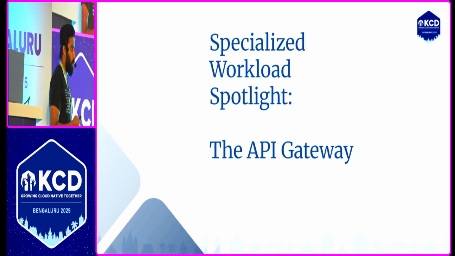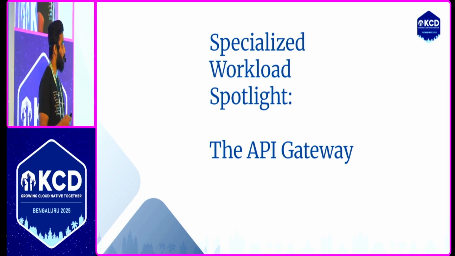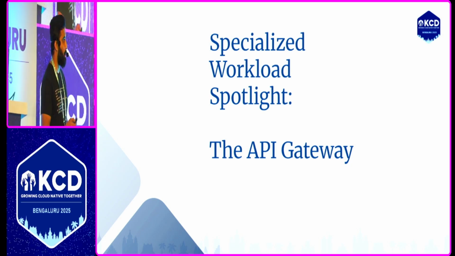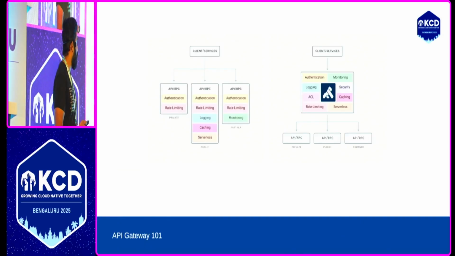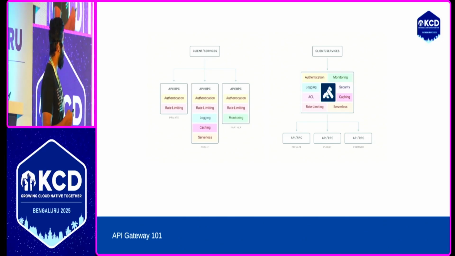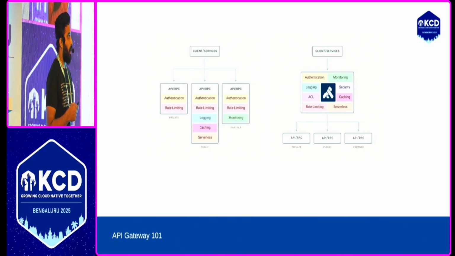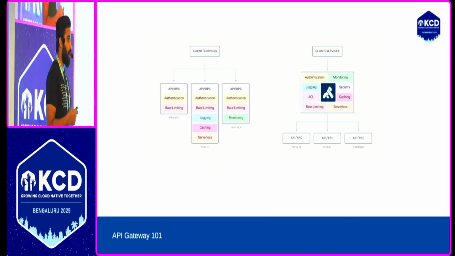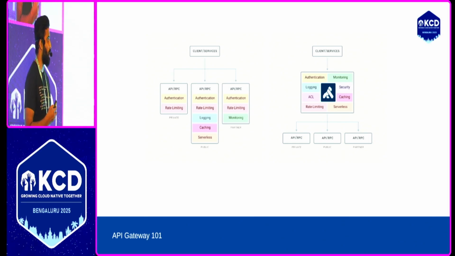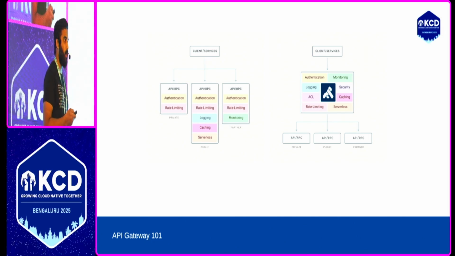Today we'll be talking about one specialized workload that can be deployed on Kubernetes, that is the API gateway. How do we achieve multi-tenancy for API gateway on Kubernetes? Before we do that, a quick primer on API gateways. An API gateway allows us to handle cross-cutting concerns across applications. That is, the application does not have to deal with authentication or security, traffic management or observability.